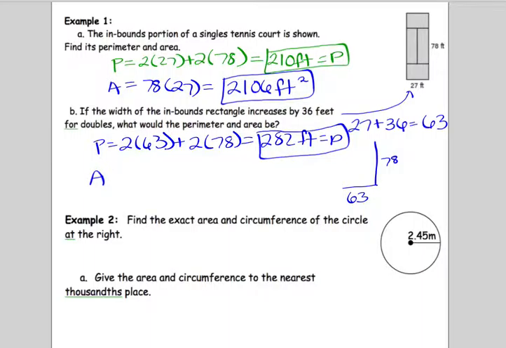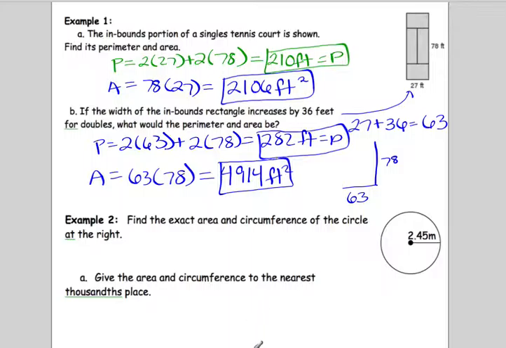For area, 63 times 78, length times width there, is going to be 4,914 feet squared. So we have our perimeter and our area if they doubled the width.